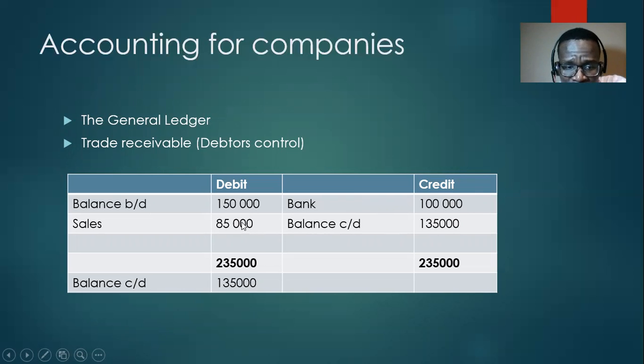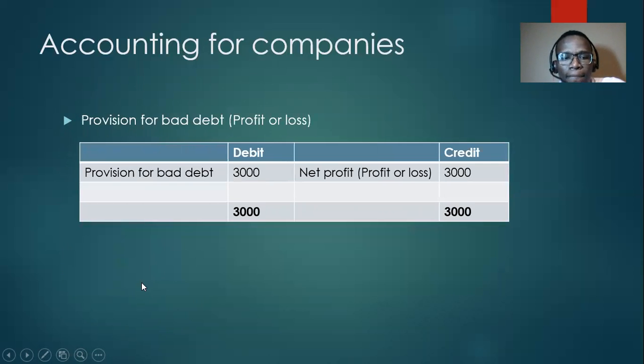Then when you balance both sides, the debit side is the greater side at 235. You balance this side 235. The net becomes a balance carried down of 135. Then your closing balance is going to be 135. This was supposed to be balance brought down, sorry for the typing error. Then provision for bad debt, profit or loss, just provision for bad debt, 3,000.